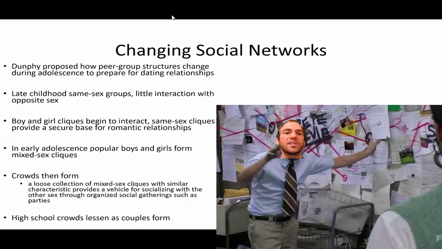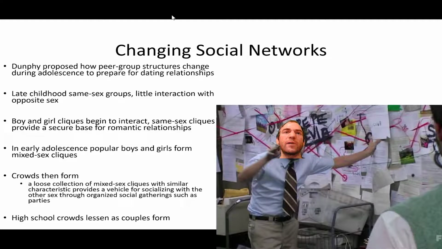So the idea here is that same-sex cliques are forming with little interaction between opposite groups, and over time these cliques come together and interact with each other, and those same-sex groups operate as a secure base for romantic relationships.